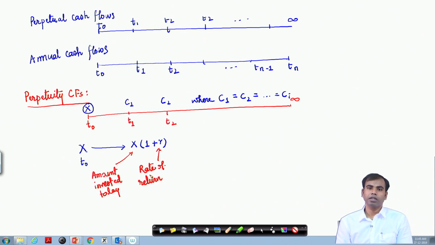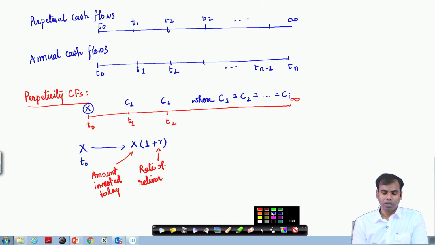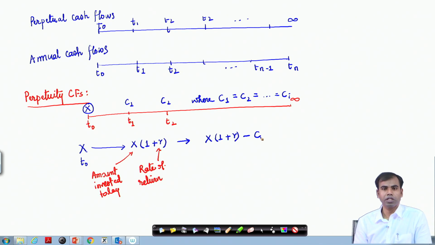So, if you expect that an amount of x is invested today and you are supposed to generate a return of r at the end of the period, which is basically at the end of year 1, you are also expected to pay a scholarship amount to the extent of C. So, which means at the end of period 1, the amount of money that you had invested in the beginning plus the amount of money that you have generated minus the cash flow, which is basically the scholarship amount, should be equal to x, right.